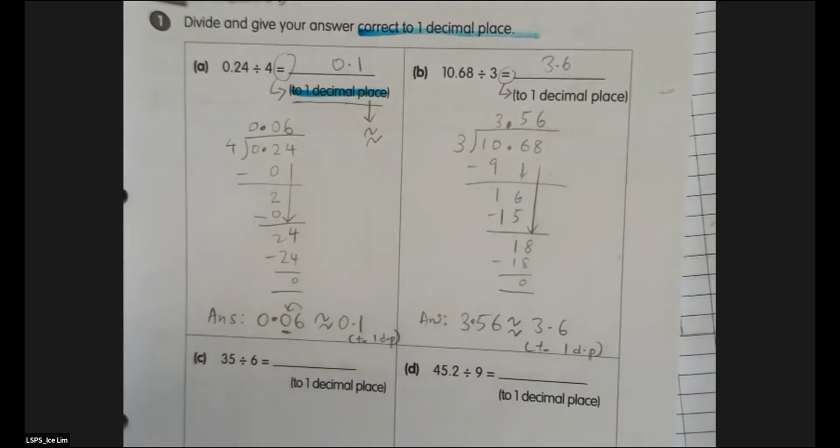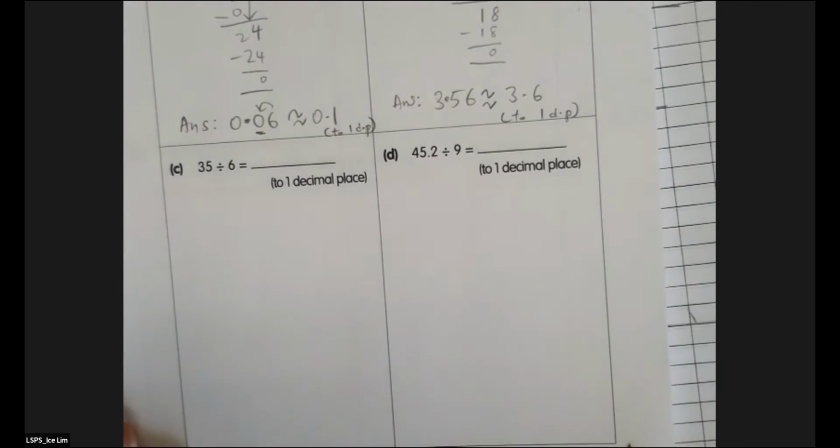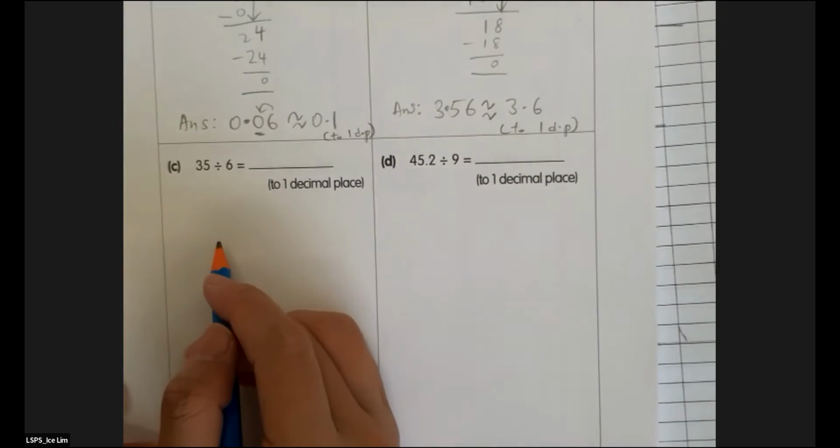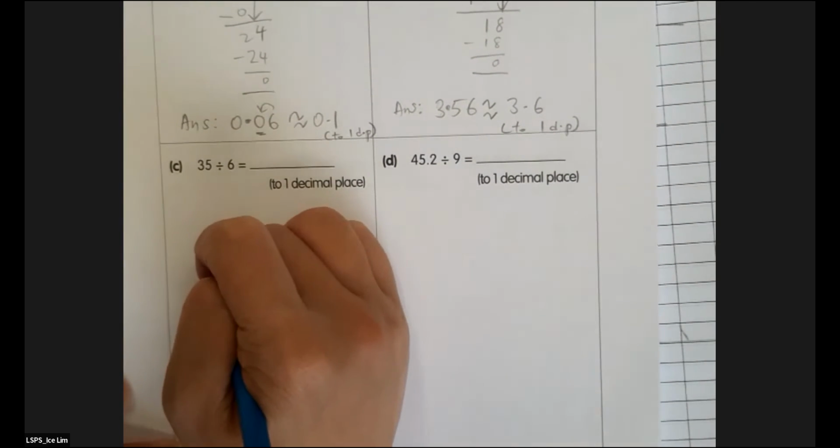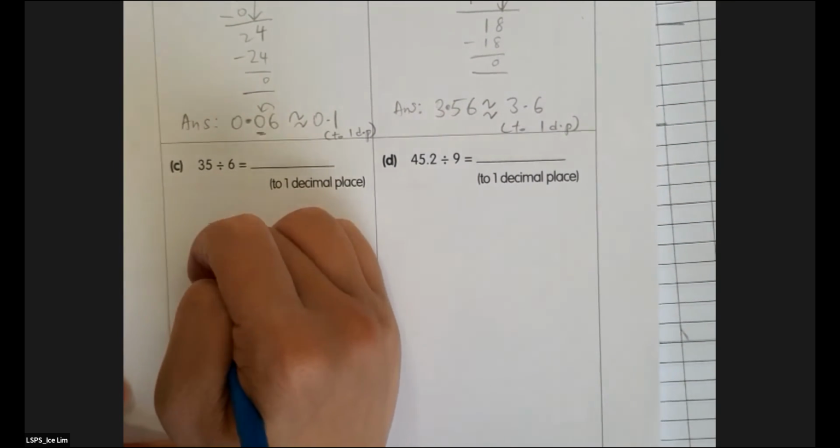Now, next one, more challenging. Then remainder how? Yes, add a zero at the back. So I carry on to add a zero at the back. 35 divided by 6.